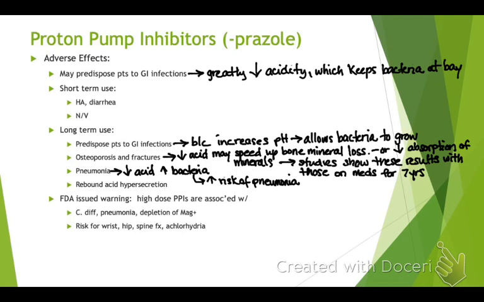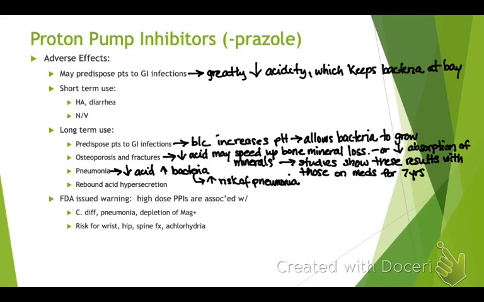Patients that are on this long term, again, are predisposed to GI infections. Because it increases the pH, it does allow the bacteria to grow. Patients on long-term use also might see osteoporosis or fractures. It decreases the acid, which may speed up bone mineral loss or decrease the absorption of other minerals.